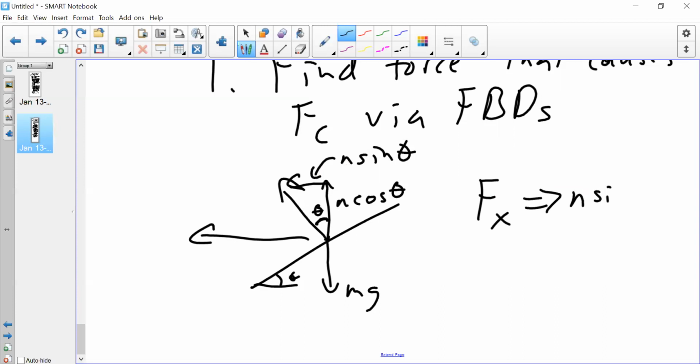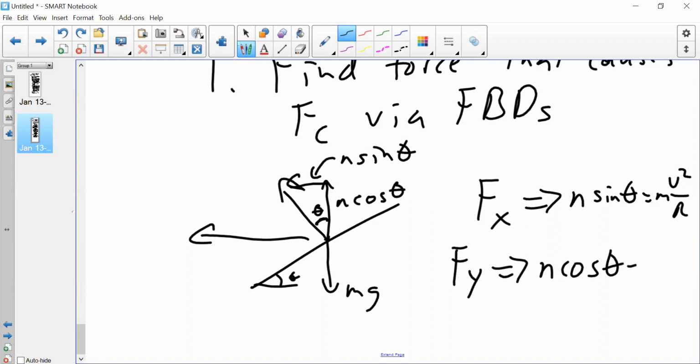N sine theta equals that. And then N cosine theta minus mg equals 0.